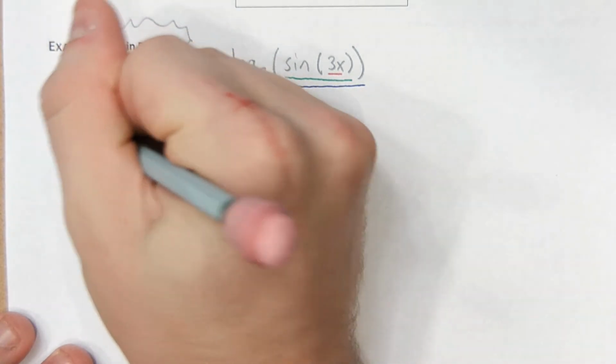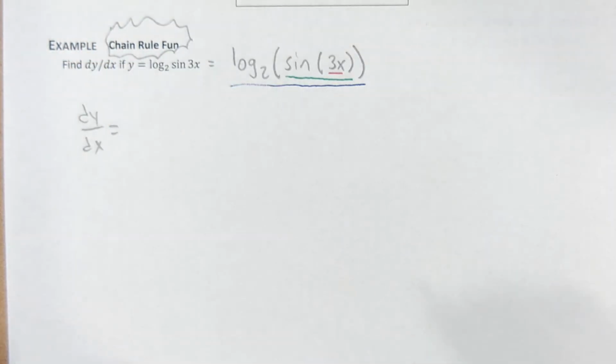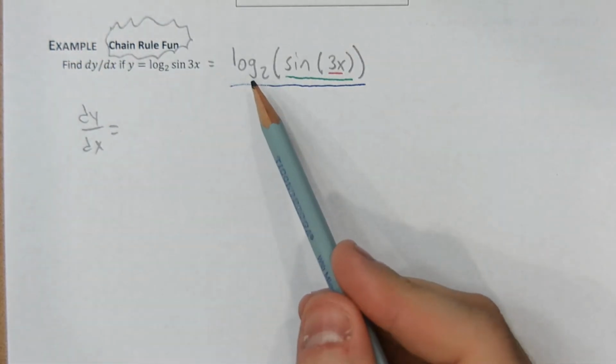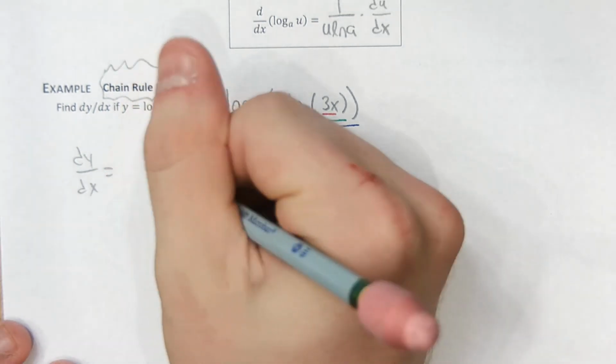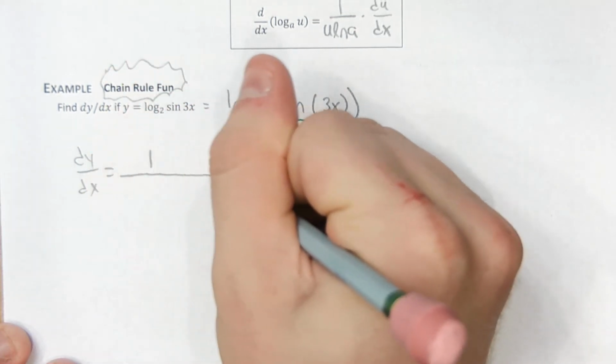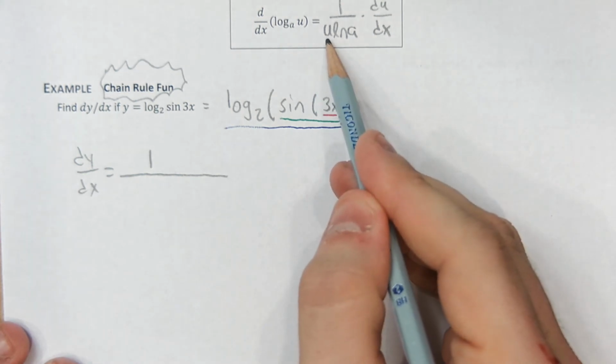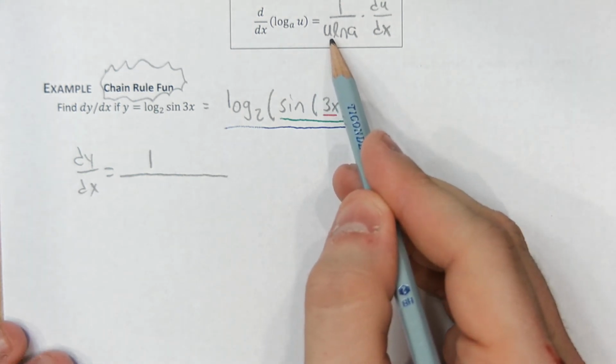So let's find the derivative. dy dx equals, first things first, the derivative of a logarithm is 1 over the argument unchanged.